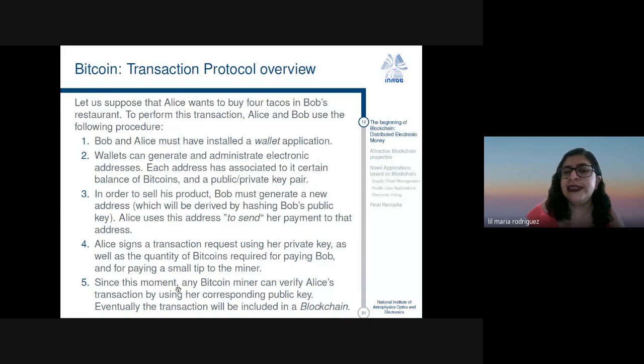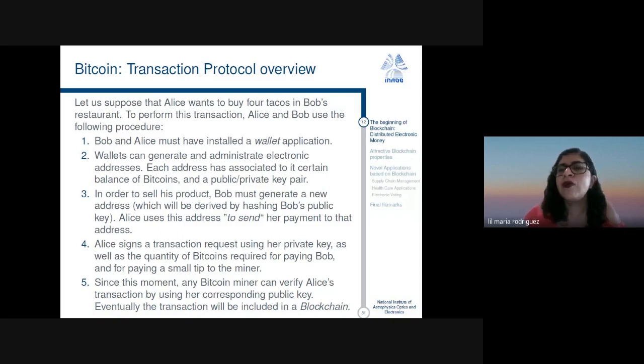Then, from this moment, any Bitcoin miner can verify Alice's transaction by using her corresponding public key, and eventually the transaction will be included in a blockchain. So this is the main idea of how Bitcoin works.